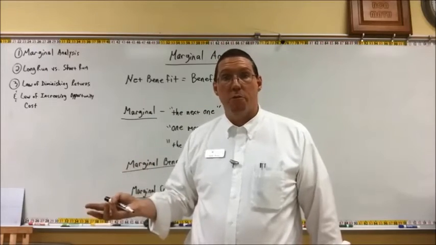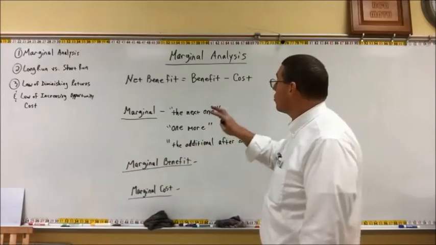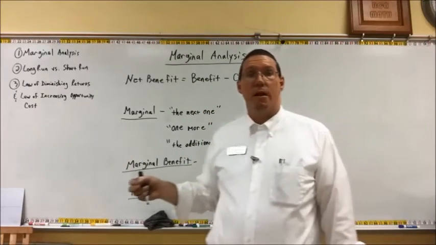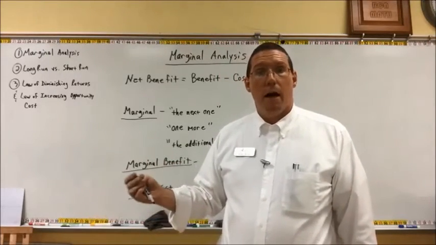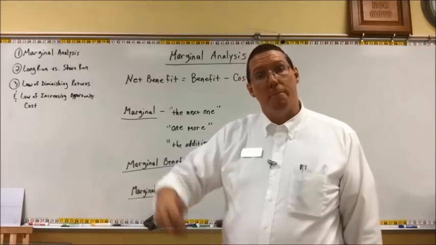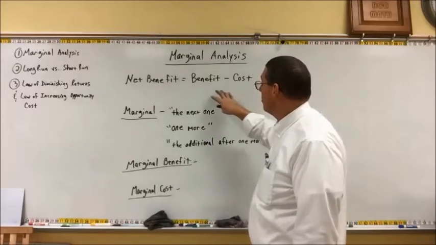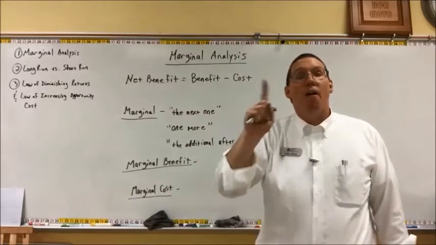Maybe it's your favorite food, so you get the excitement of anticipating your favorite food. So you get a whole bunch of benefits, and then the cost of eating that one slice of pizza is, let's say you had to buy the pizza, you had to give up eating, let's say, a hamburger so that you could eat pizza. So you had to give things up in order to eat the pizza, right?